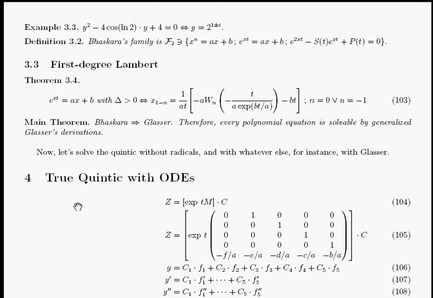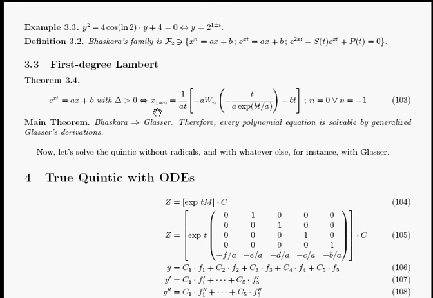Next step, we solve it by Lambert. At Wikipedia, we know that when delta is greater than 0, we have two solutions, n equals 0 and n equals minus 1, x1 and x2: 1 over at, minus a times W Lambert function applied to minus t over a exponential of bt over a, all of this minus bt, all of this over at.